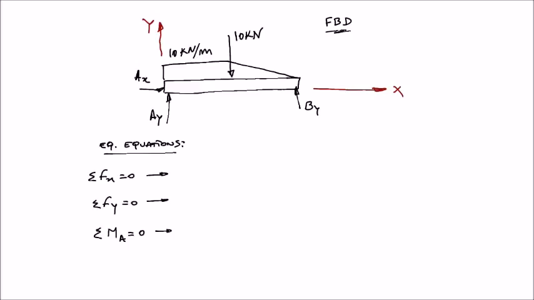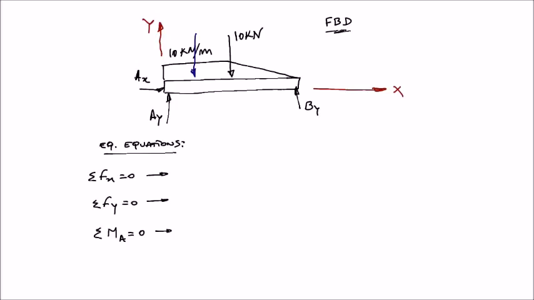So I'm going to start with this uniform distributed load here. I'm going to replace this UDL with an equivalent force located at the centroid of this rectangle. So I will have this force here, equivalent force replacing this UDL.